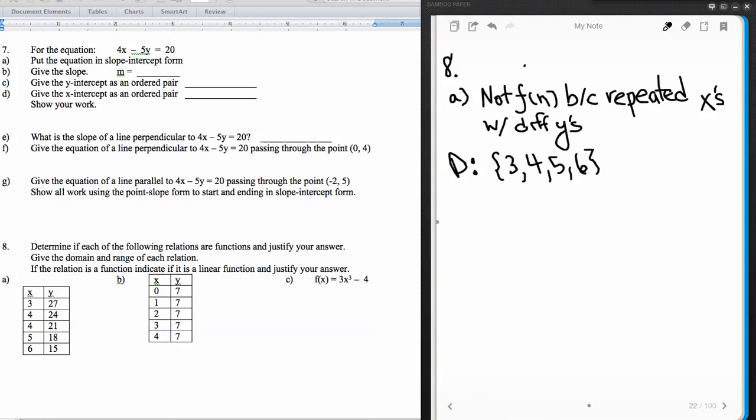X, the outputs, the independents, those are all the same names, or different names for the domain. Now the range, those are our dependents, our y's, our outputs, and I'll list those in order from largest to smallest: 15, 18, 21, 24, and then 27. So those are the range values.